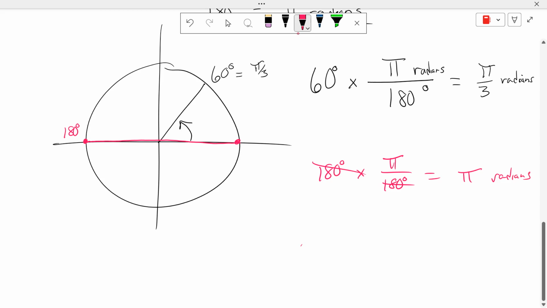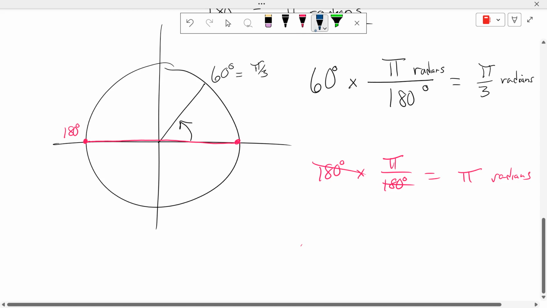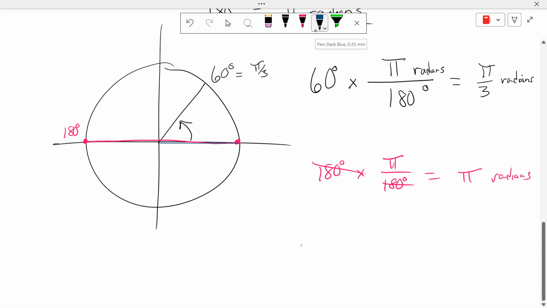Okay? Let's say you have 225 degrees. How many radians is that?